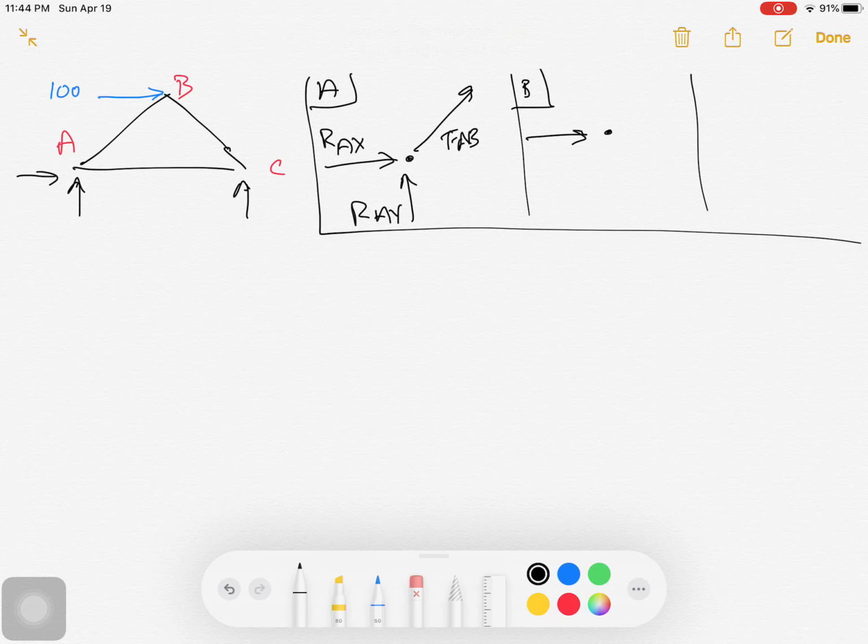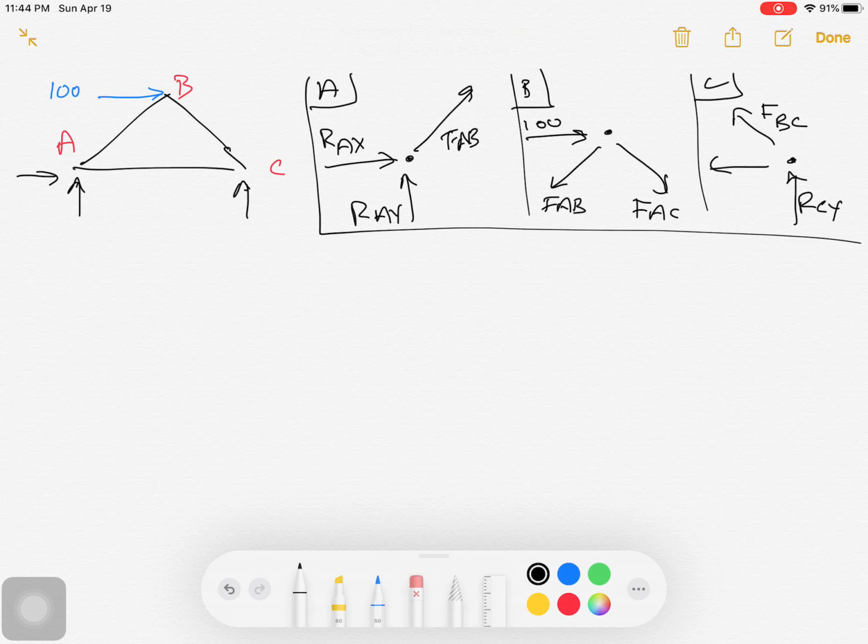B has a 100-pound force here, force AB there, force AC there, and C has reaction force at C in the Y direction, force BC, and force AC. All right, same thing we've been doing.